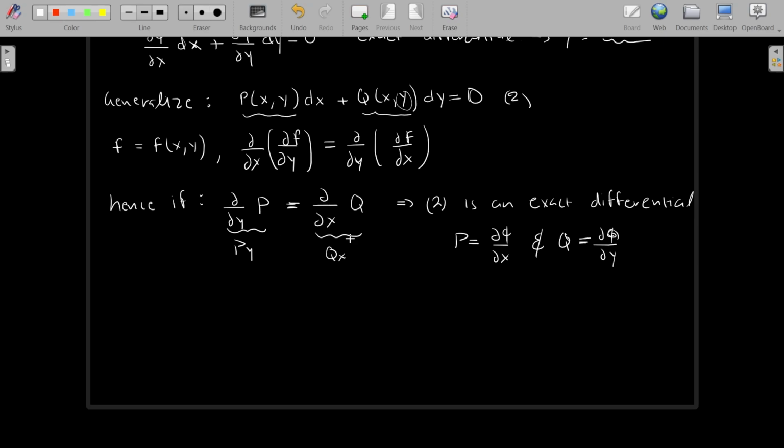Now, this is the case where the derivatives of p and q, with respect to different variables, are equal.